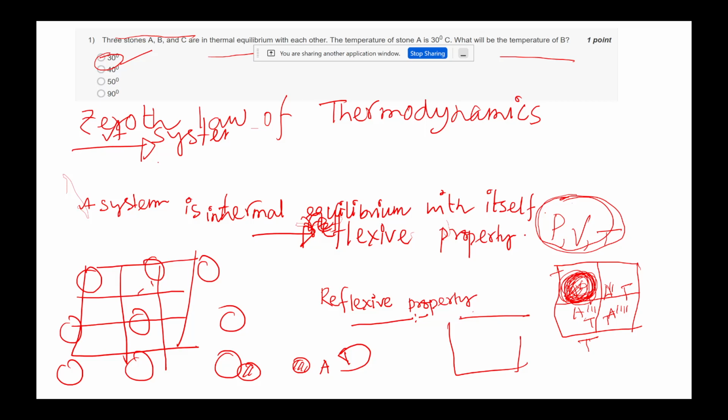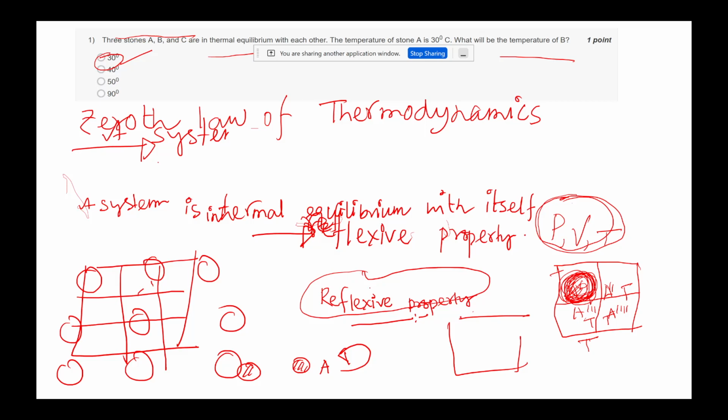Okay, so is it clear right now? A little bit. So this reflexive statement may sound very easy, but right now you can appreciate the depth of the statement, right?